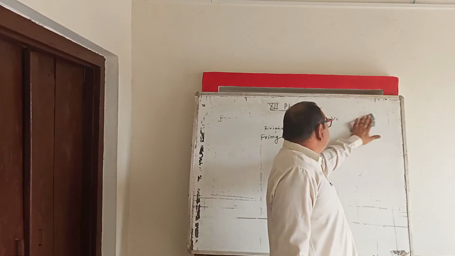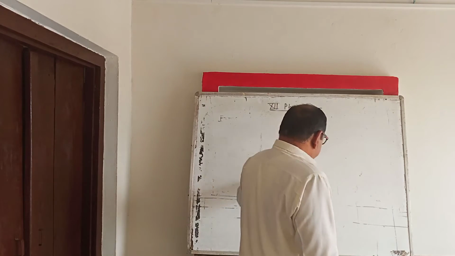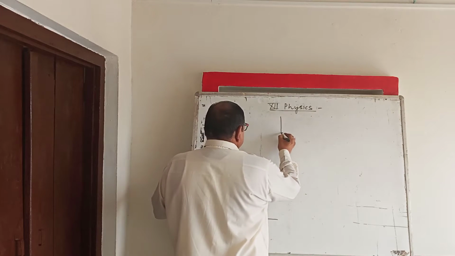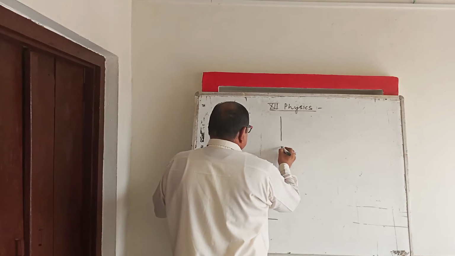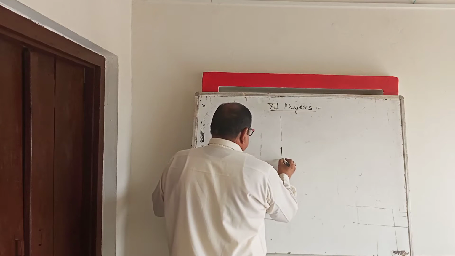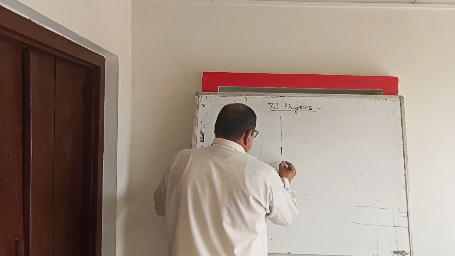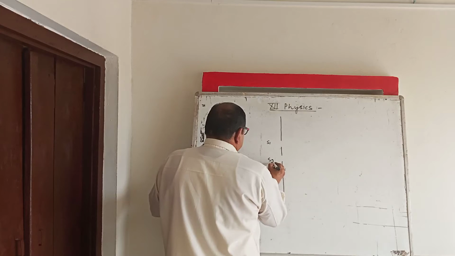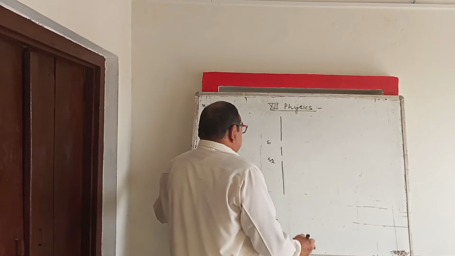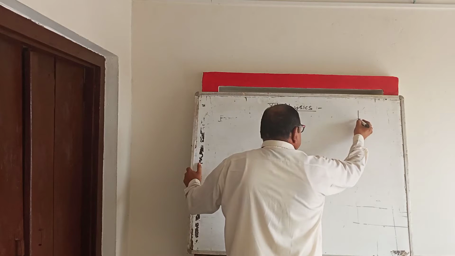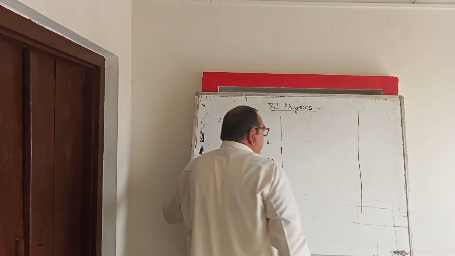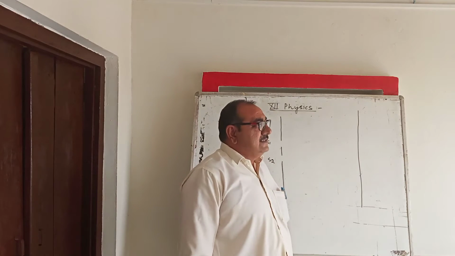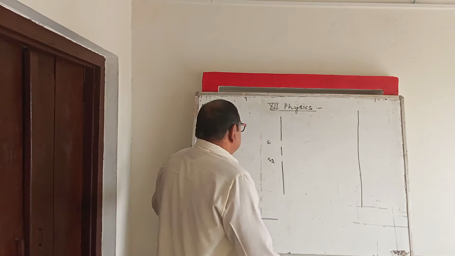For this, consider these two sources S1, S2, and this is your screen in Young's experiment at which fringes are to be observed.